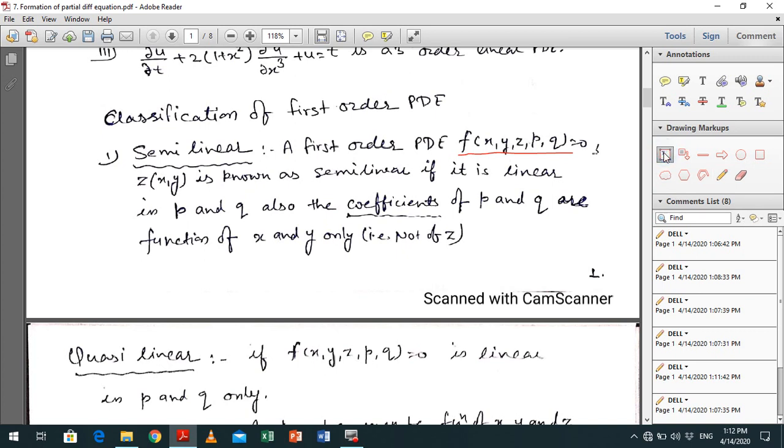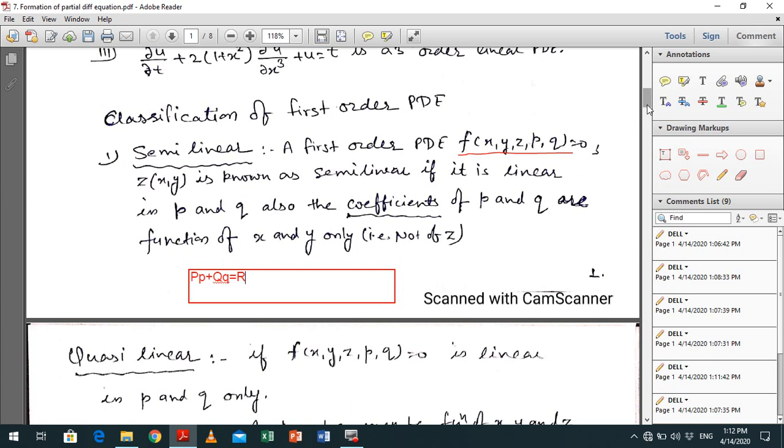Suppose we have an equation like P p plus Q q equals R. In this equation, small p and small q are del z upon del x and del z upon del y. These are standard notation. Here z is the dependent variable, x and y are independent variables.